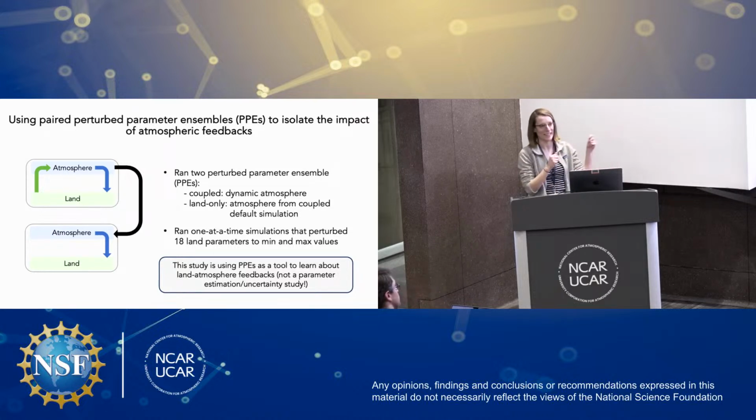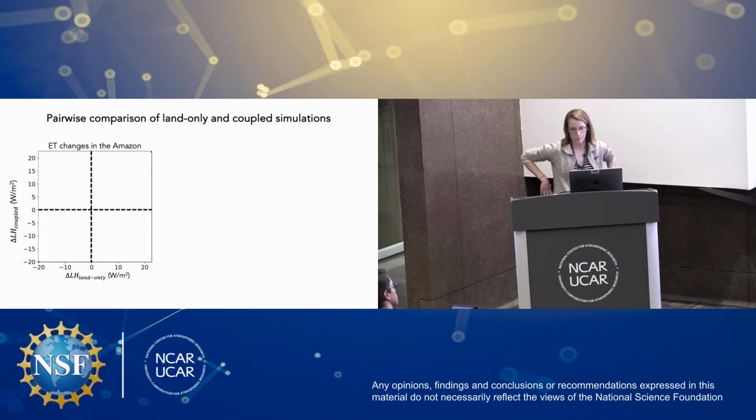So basically we ran 36 different ensemble members where we were changing land evapotranspiration by mucking with a bunch of assumptions about the land surface. But critically, we were doing it in this paired experimental design so we could isolate the impact of atmospheric feedbacks. So as an example of doing this pairwise comparison, I want to start by looking at a single point.